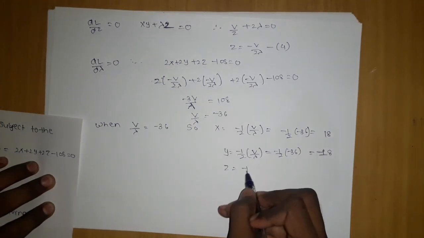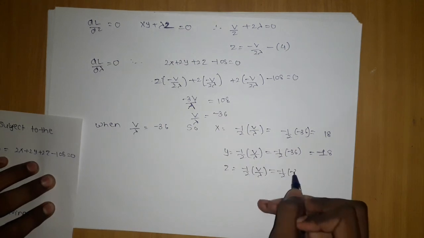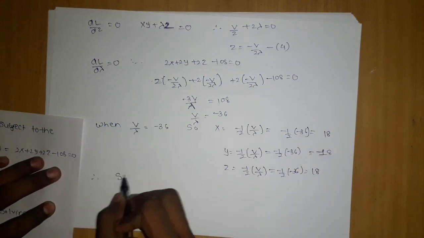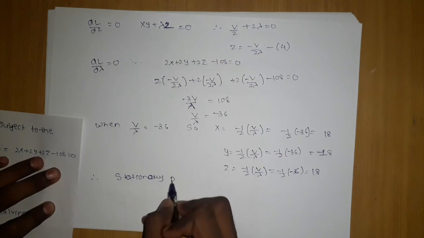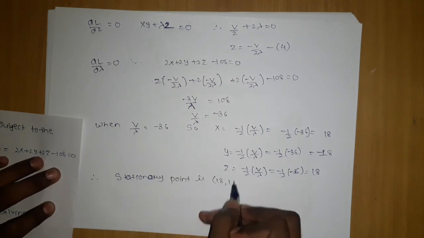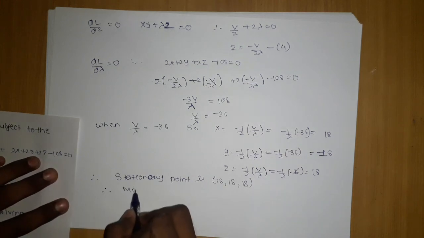And z equals minus 1 by 2 into v by lambda, which is 18. Therefore, the stationary point is 18, 18, 18.